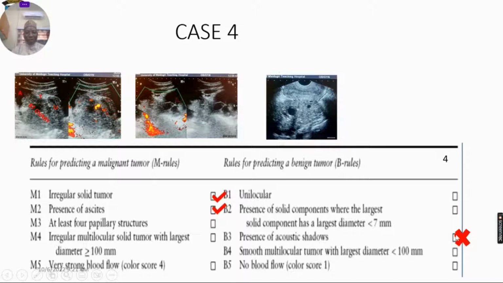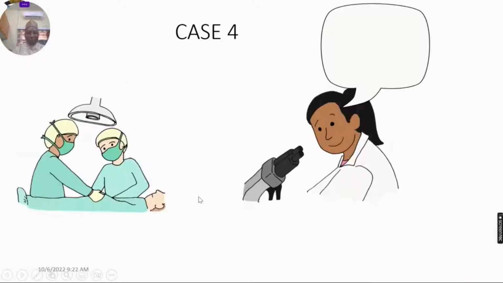But without taking acoustic shadowing, you only have 2 M rules without B rules. And this classifies the tumor as malignant. The patient had surgery, and histopathology confirmed that it was a mucinous papillary cyst adenocarcinoma.